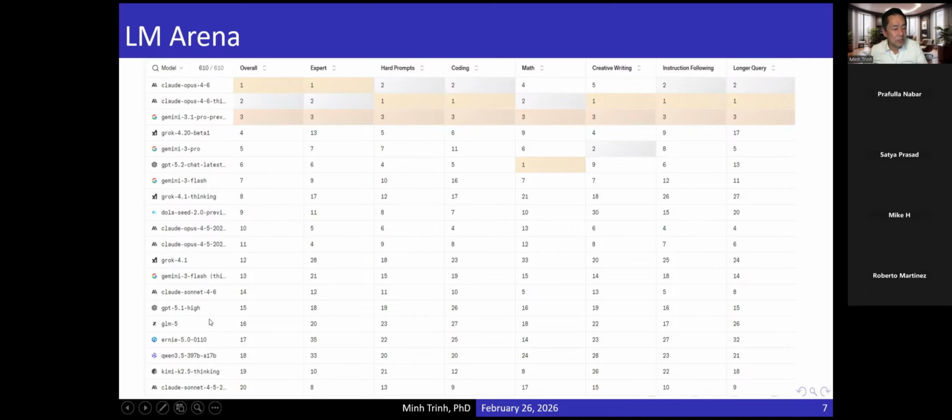Then you still see some open source models. I guess GLM might be open source, I believe, from China. Ernie is probably from China too. Qwen is open source from Alibaba, Kimi, but they're not in the top 10, but they're not bad for applications. They're perfectly fine.